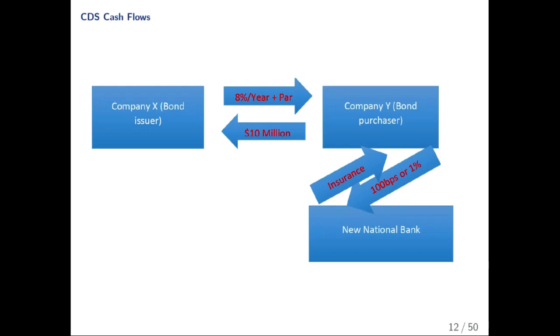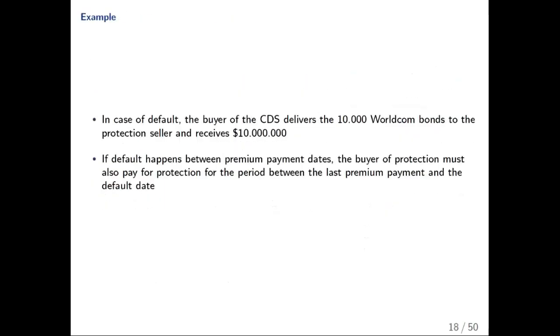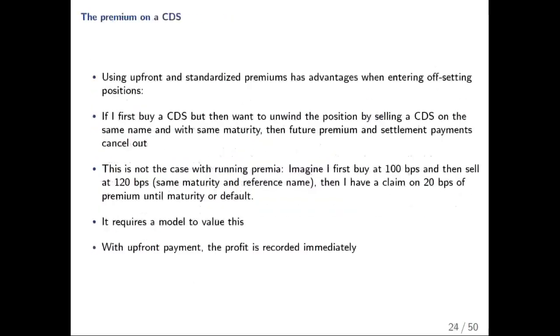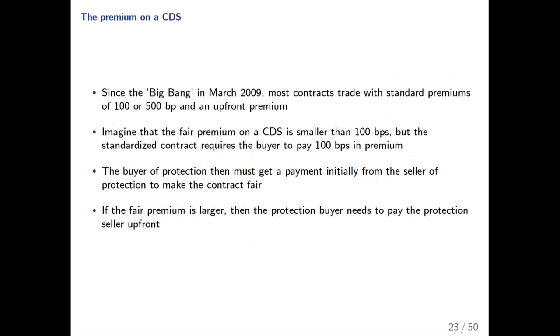What do I mean by the fair premium versus the upfront premium? I'm going to show you the equivalence between buying corporate bonds and selling CDS, and shorting bonds and buying CDS shortly, and then we're going to work out what the fair value of the CDS is. I talked about this thing called standardization, which was something which happened after the Big Bang.